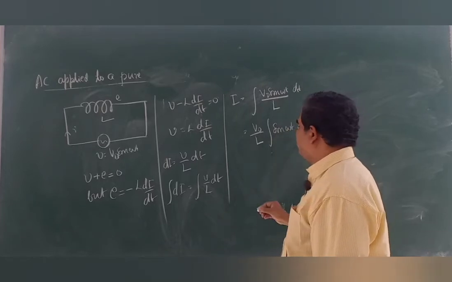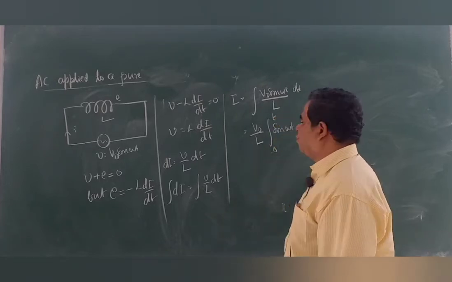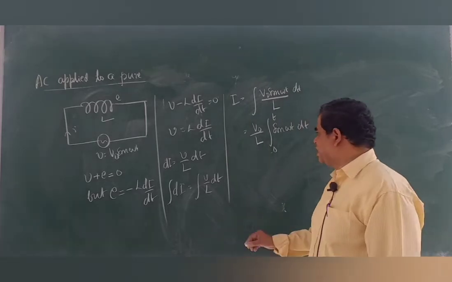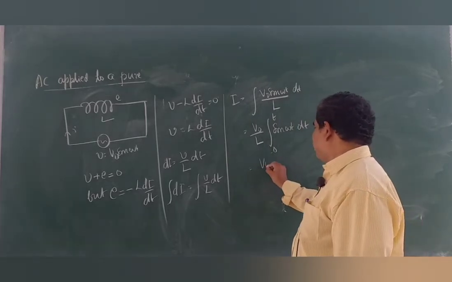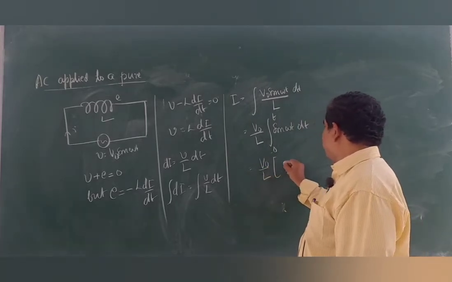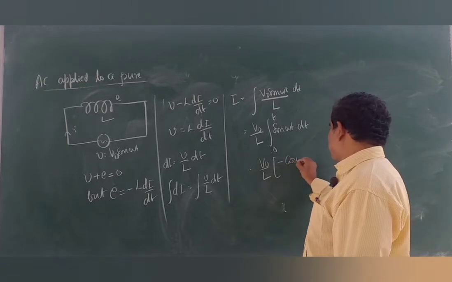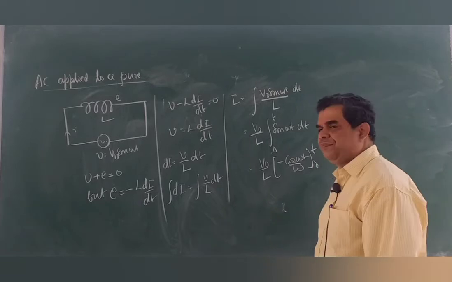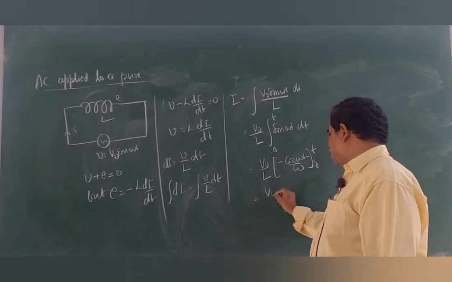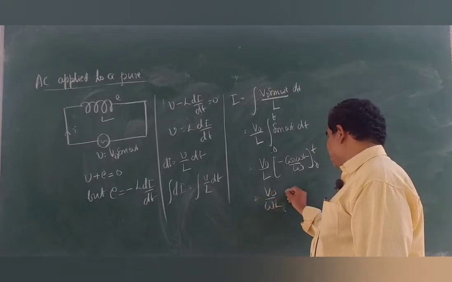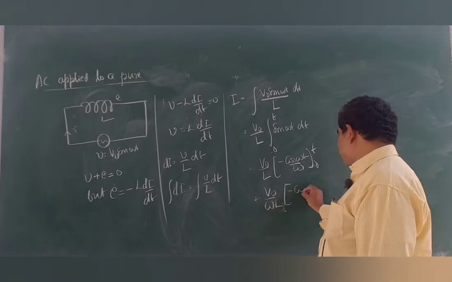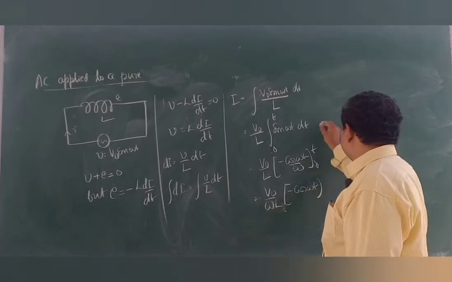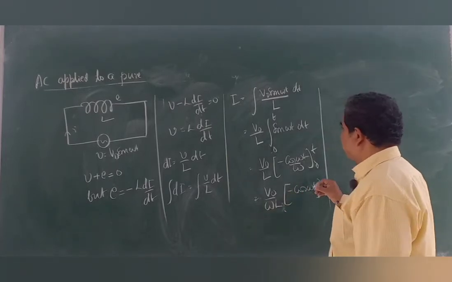It is from 0 to t, general time, at any instant. So V naught by L, we know integral of sin is minus cos omega t by omega, from 0 to t. Therefore, we can write V naught by omega L and minus cos omega t after applying the integral limits.